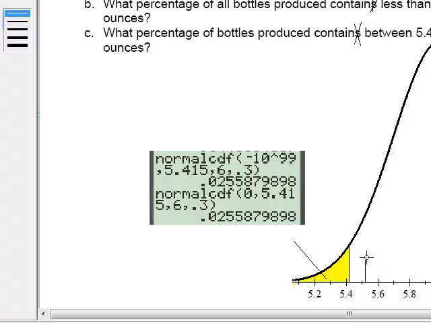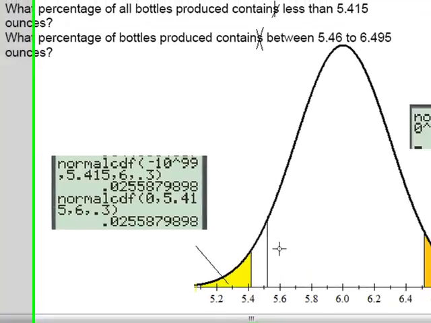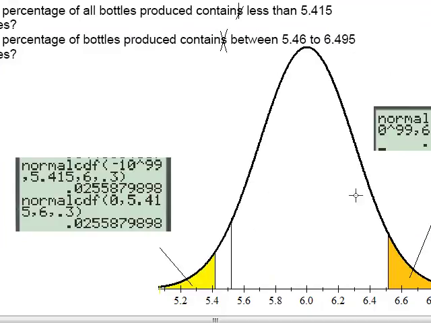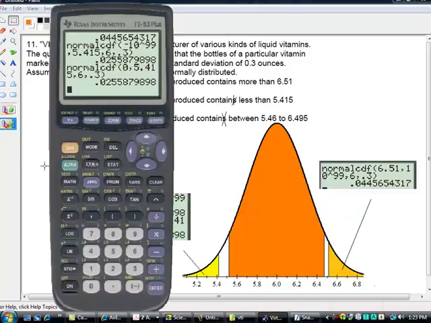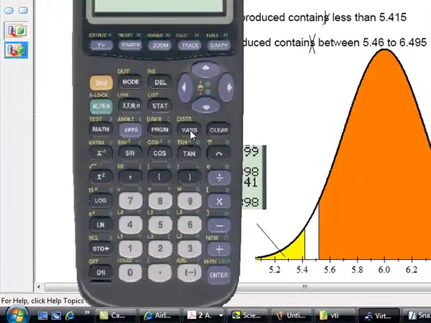5.46 would be somewhere here. Do you guys agree? And 6.495 is a fair place. So what do we need this time? We need this area. Since you asked, Nikki, whether the order matters, and I said yes, you are the one who is going to give me the order now.